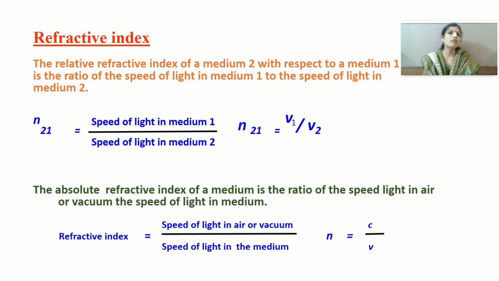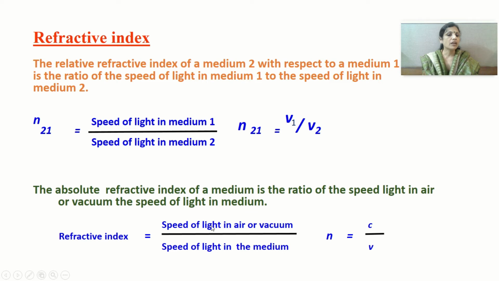How much bending of light there is from one medium to another medium is denoted by refractive index. So refractive index of second medium with respect to first is speed of light in medium 1 upon speed of light in medium 2. v1 is speed of light in medium 1, v2 is speed of light in medium 2.